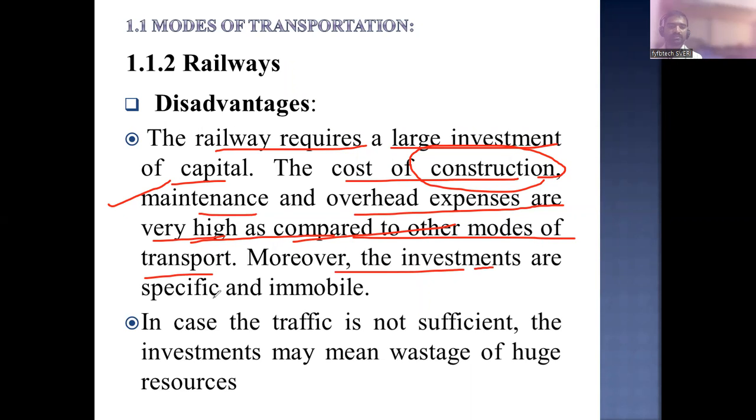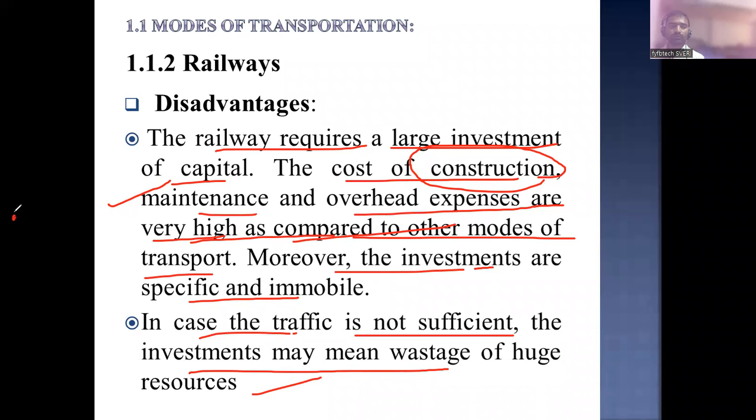Moreover, the investments are specific and immobile. Whatever investment they are making is specific and not transportable, immobile. In case the traffic is not sufficient, the investment may mean wastage of huge resources.